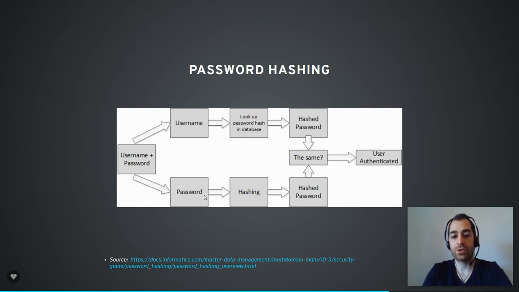We take the password that you gave us, we also hash it and compare the hashed versions. So we do an equals check, but not on the passwords themselves, but on the hashed versions. And that is because in the database we don't have the real password value, we have the hashed value. And of course, if the hashes are the same, then the user is authenticated. Okay, so this is a security measure to not store plain passwords in the database.